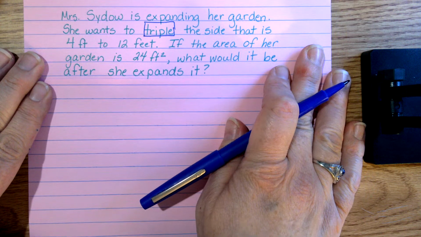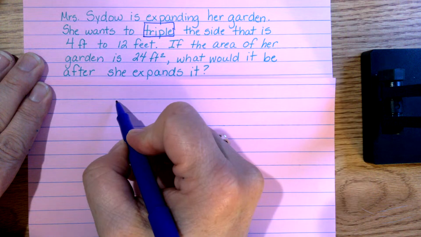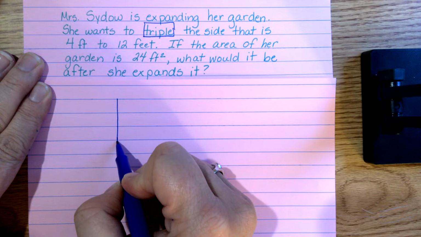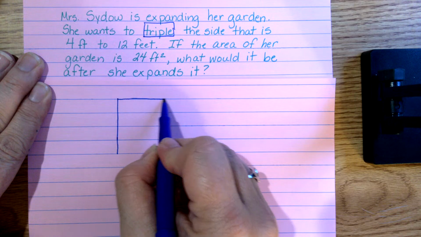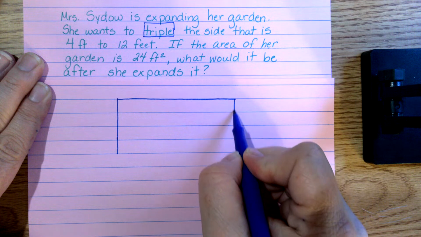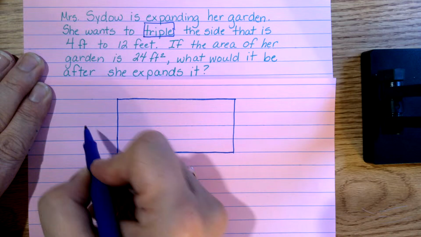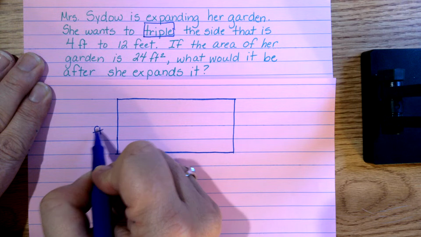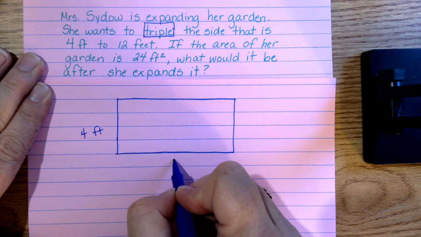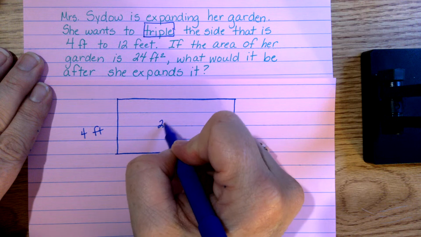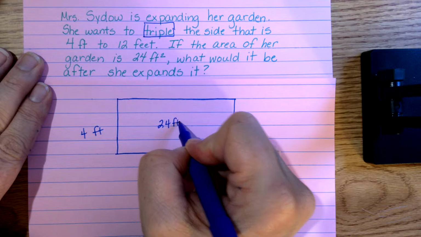So I'm going to draw myself a picture. Currently, she has a garden that is 4 feet by something, and the area of her garden is 24 square feet.